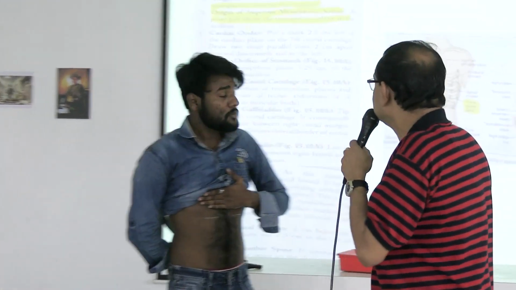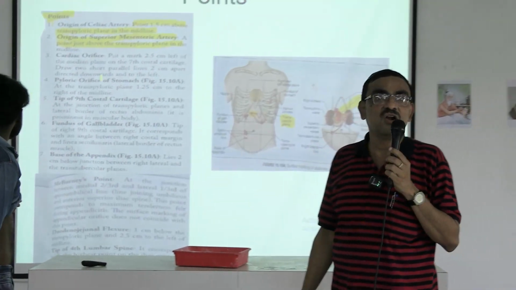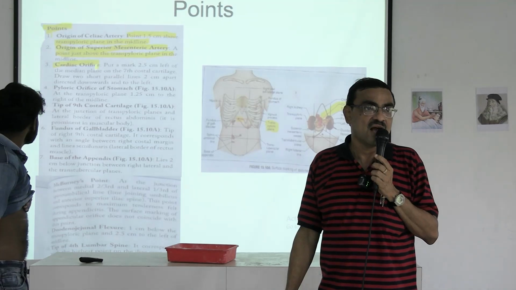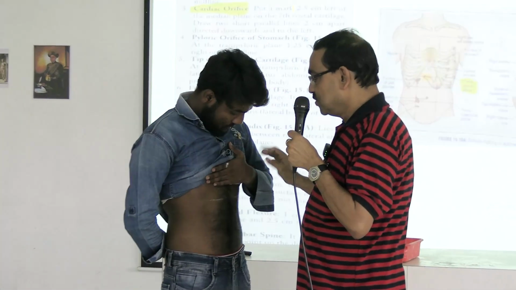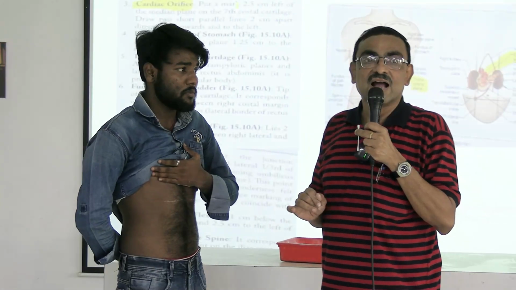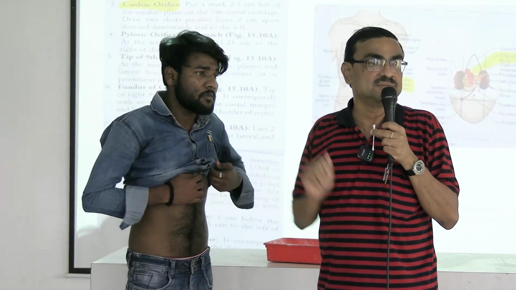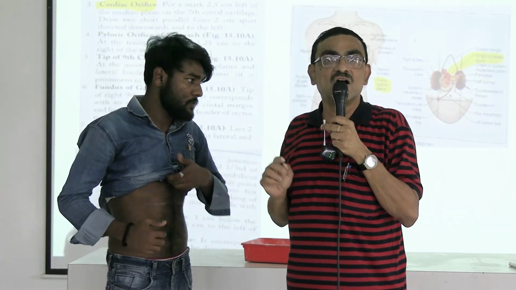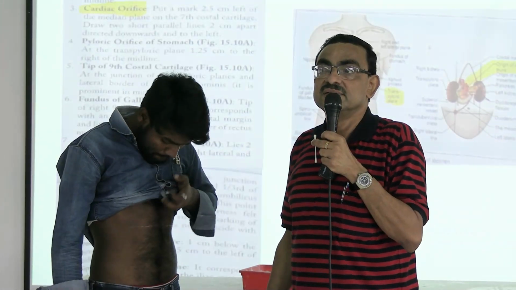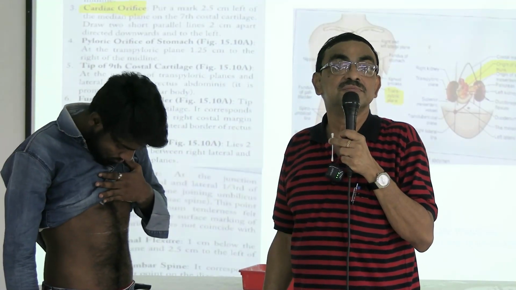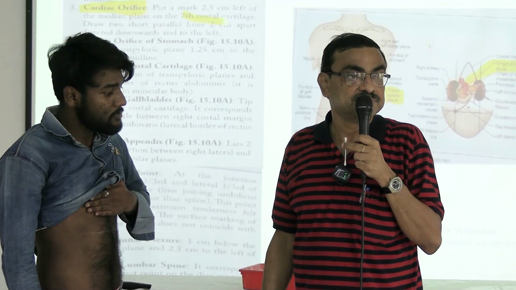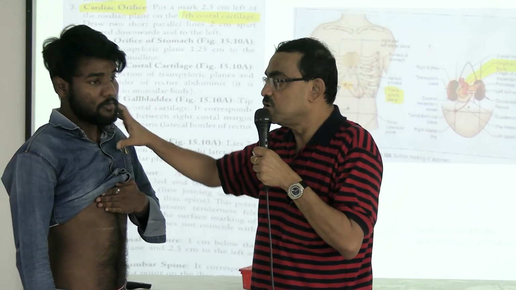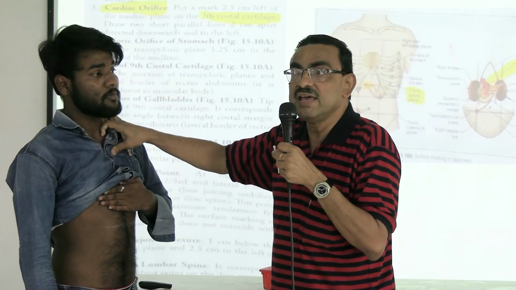The next point, the cardiac orifice. How will we draw it? The cardiac orifice of the stomach remains at the level of the 7th costal cartilage. So we have to count the rib.